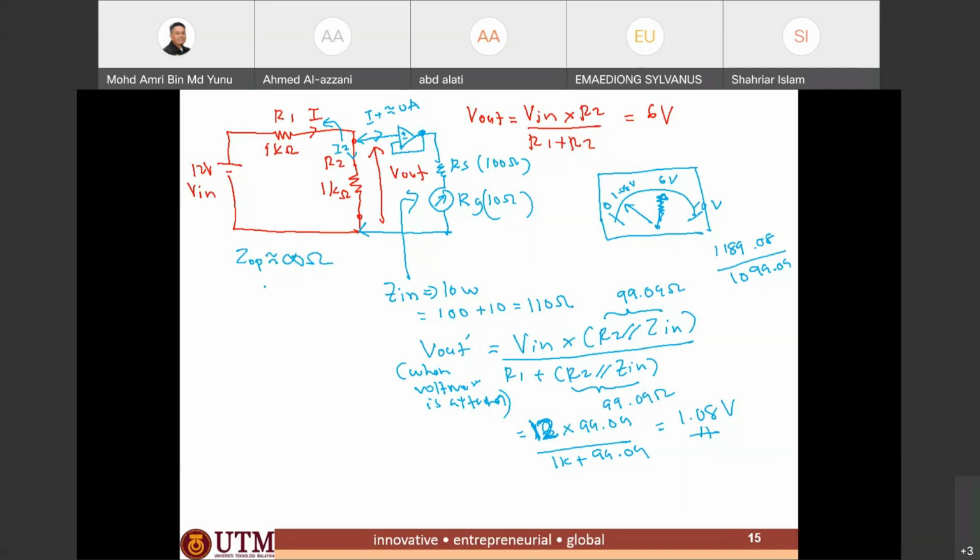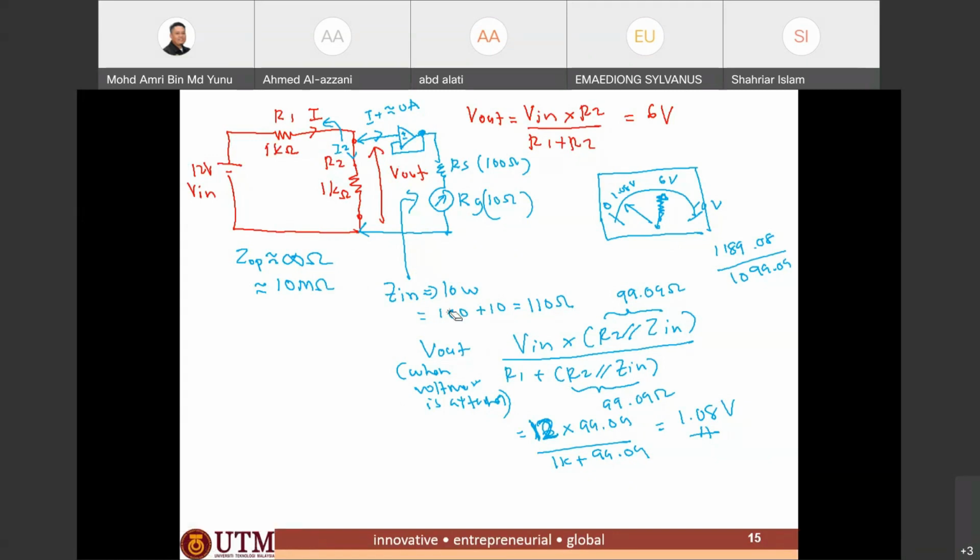It may not make sense, but let's say you put a very big value, 1 to 10 mega ohm. So when there is an op amp here, the Z in, or the input impedance of the voltmeter, is no longer low.